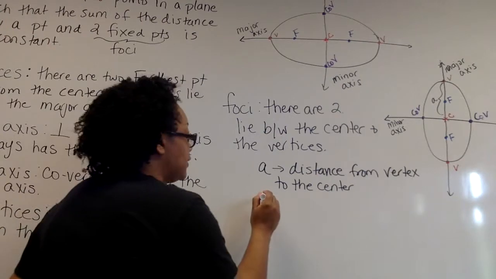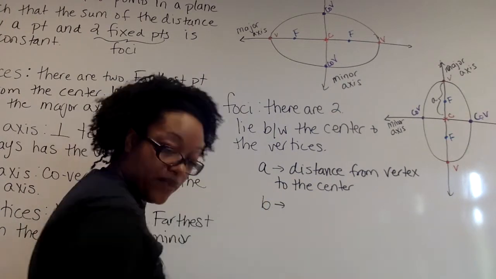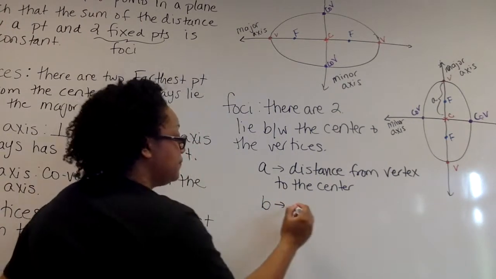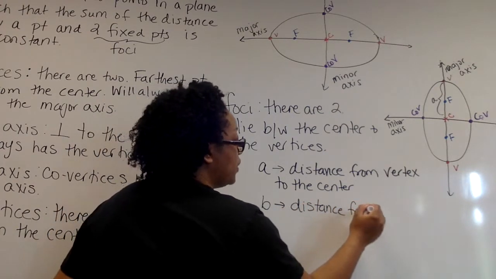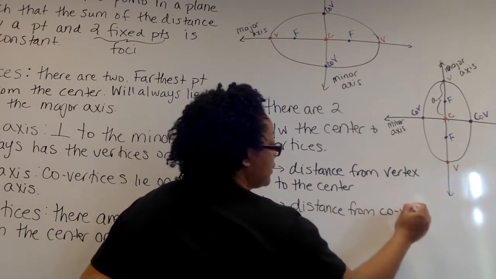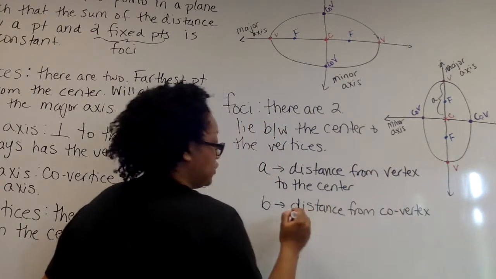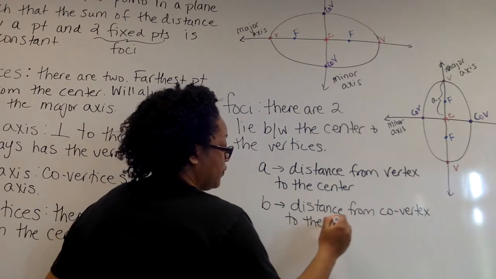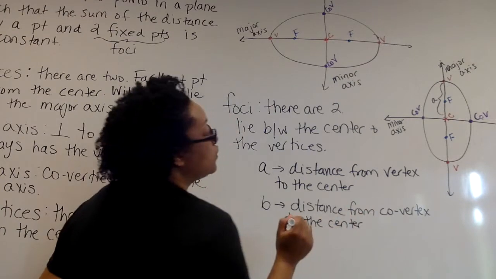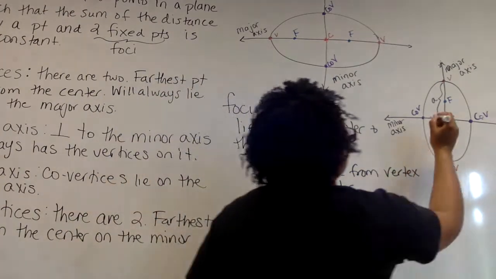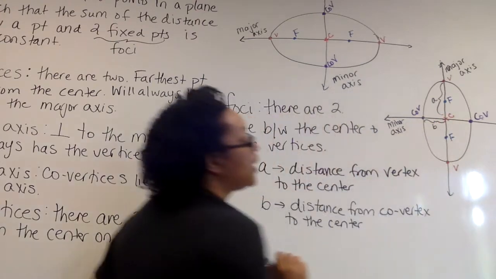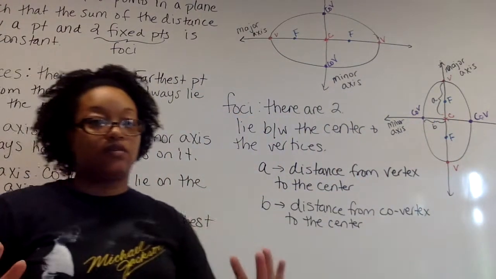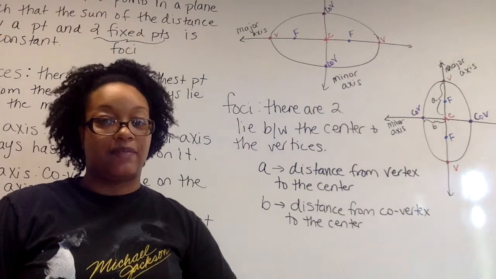Now our next distance we're going to label B. That's going to be the distance from your co-vertex to the center. So in this case, from the co-vertex to the center, that's your B. Now, here's some common sense.